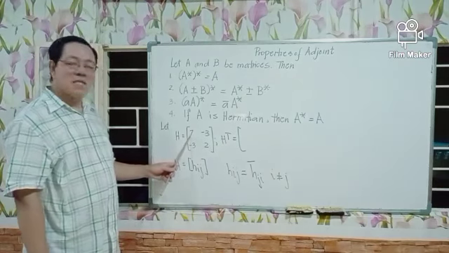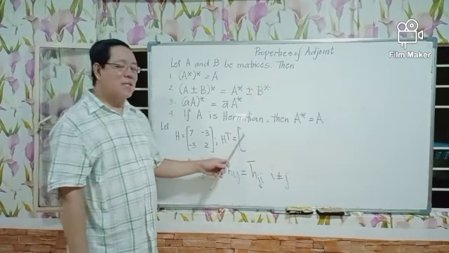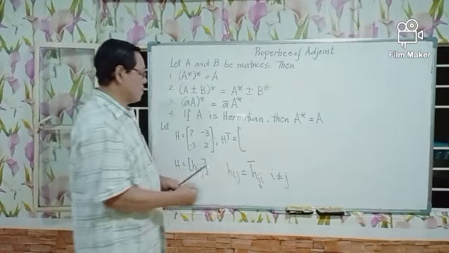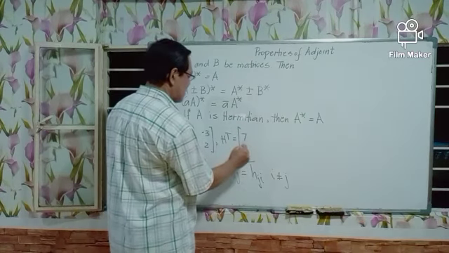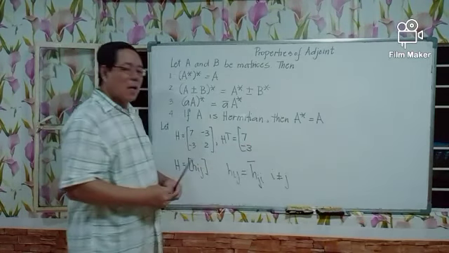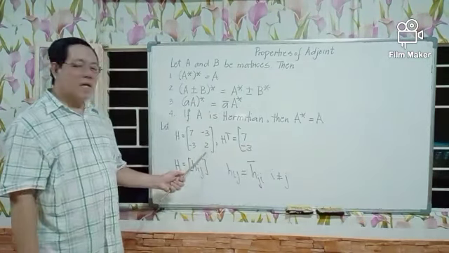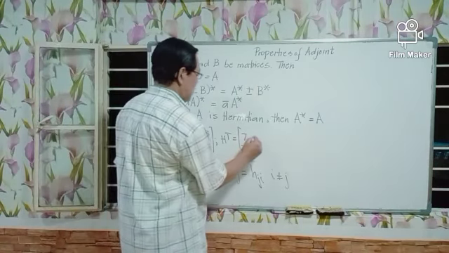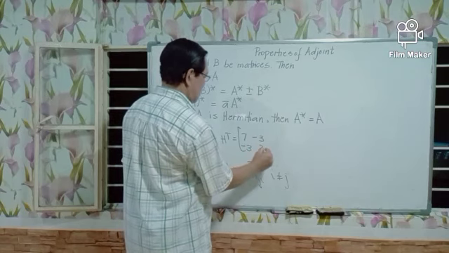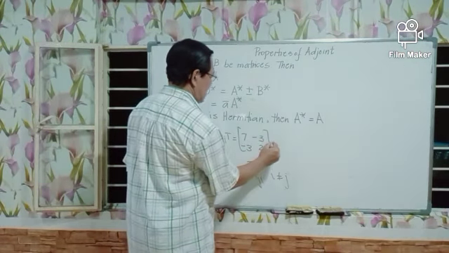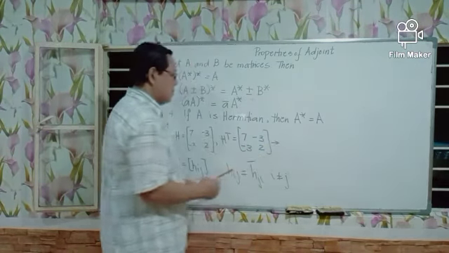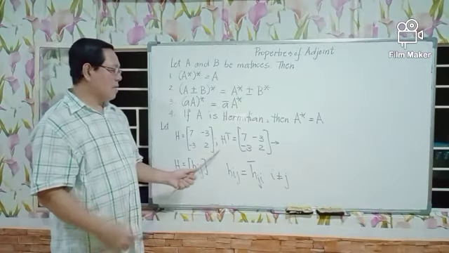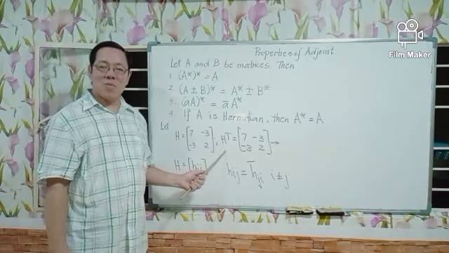So the entries 7, minus 3 we write as the entries in the first column, and the entries in the second row we write as the entries in the second column. And this is the transpose of H.